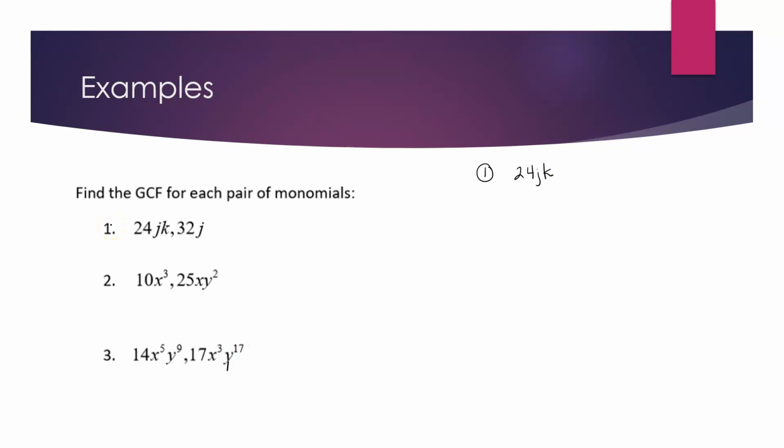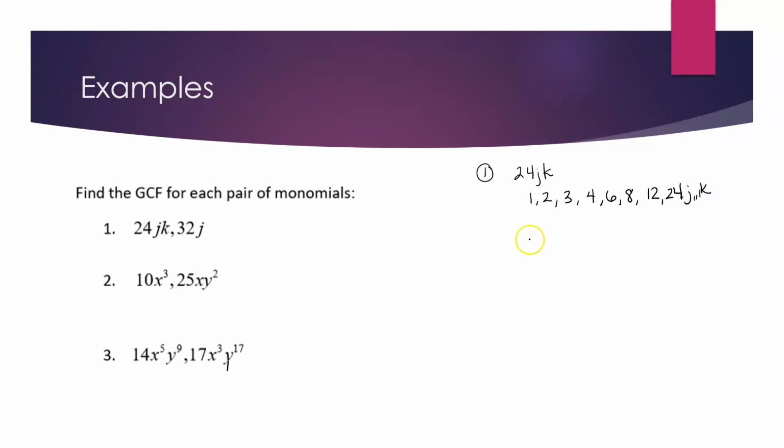We're doing number one. You can start with the factor rainbow. 1 goes in there, 2 goes in, 3, 4, 4 and 6, 3 and 8, 2 and 12, 1 and 24, and then a J and a K. Those are all factors.